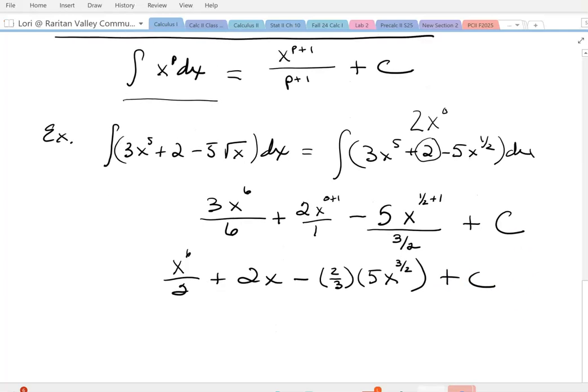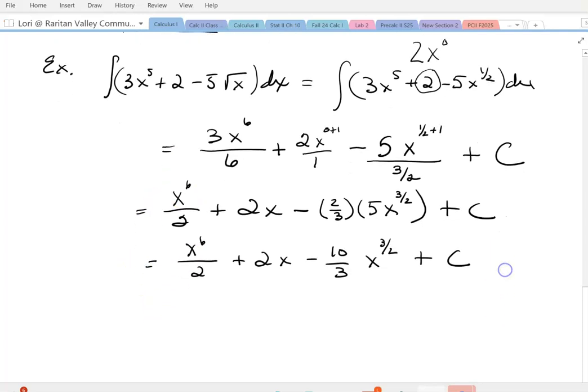So make sure you apply the correct algebra when simplifying. And we keep our exponents in fractional terms if we have them. And this is what our antiderivative of 3x to the 5th plus 2 minus 5 radical x looks like.